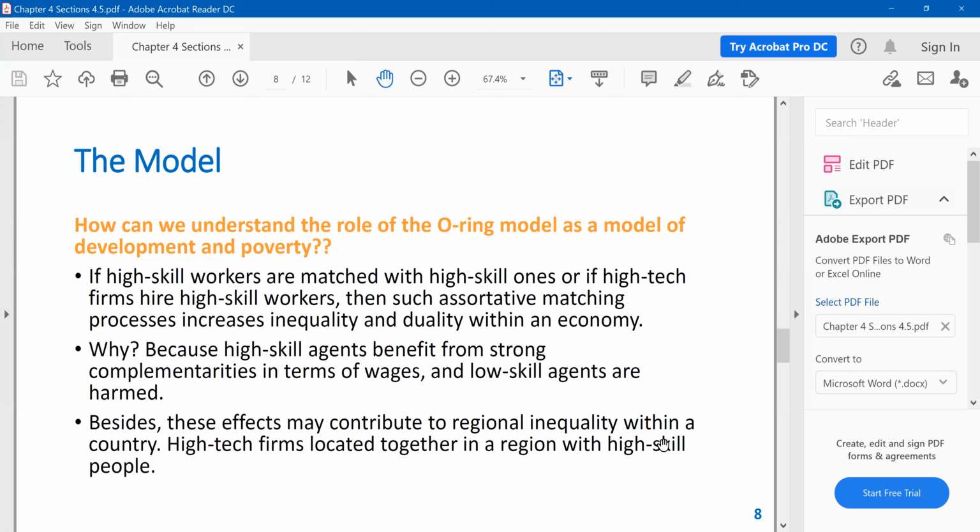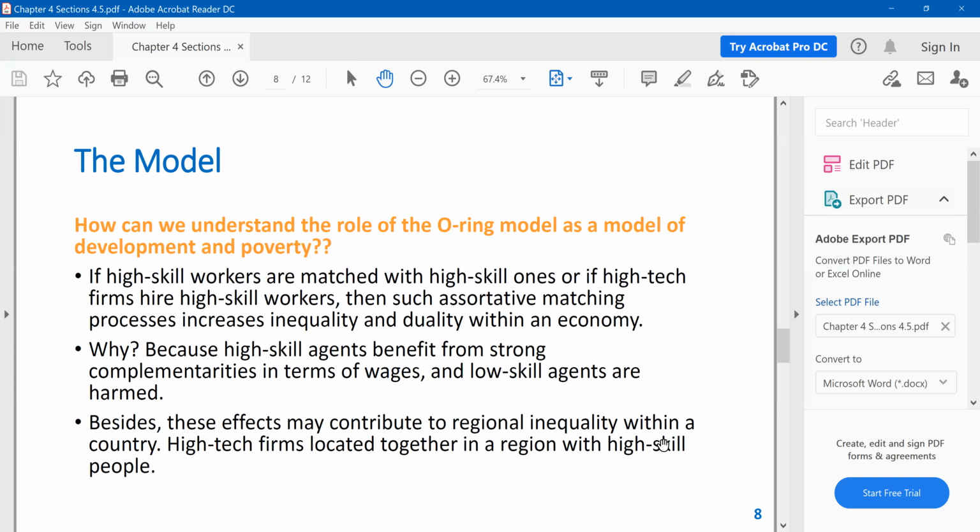Sometimes there's a divide between the coastal side and central Anatolia. So if you think about where the firms are, and where the most productive firms, the firms that export relatively high-tech goods, are located, then you can start seeing a particular pattern, and possibly there is assortative matching in terms of the regional allocation of resources.